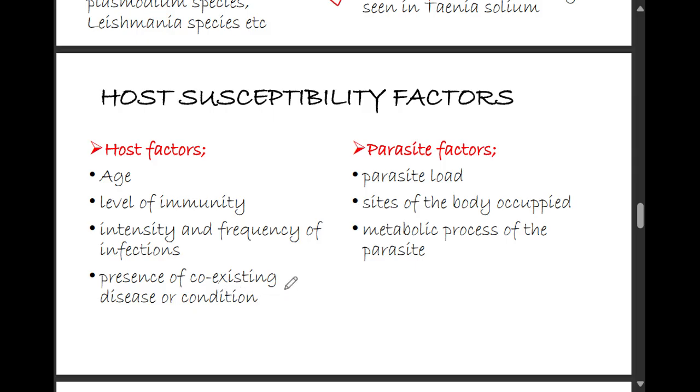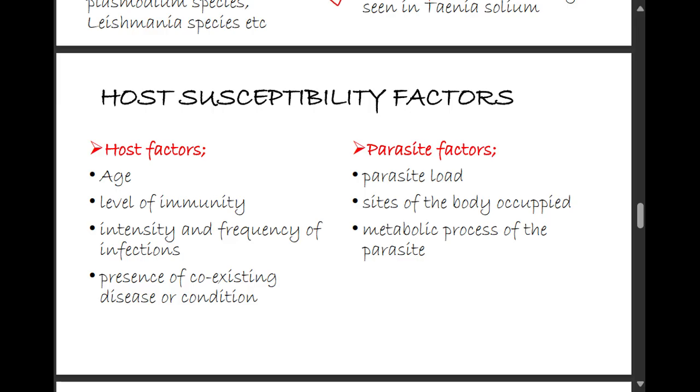Somebody might be pregnant, or somebody might have HIV. Those things increase the chances of transmission of the parasites, because the immune system would have been tampered with.